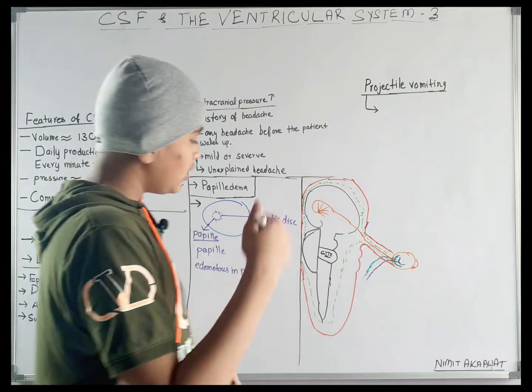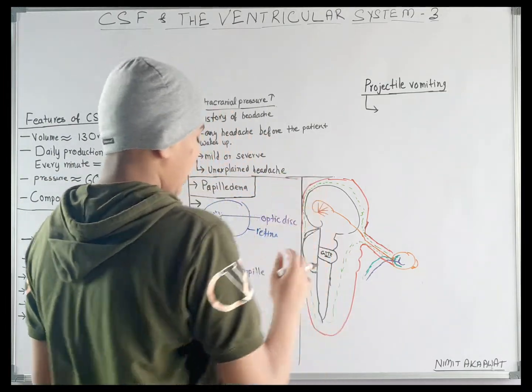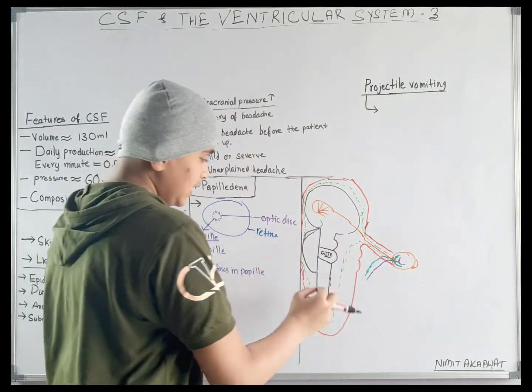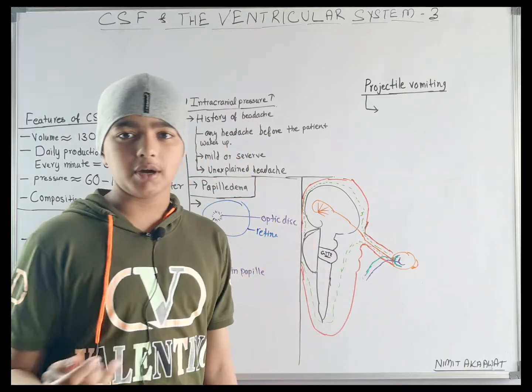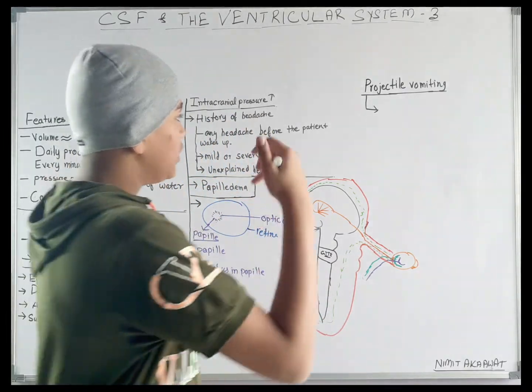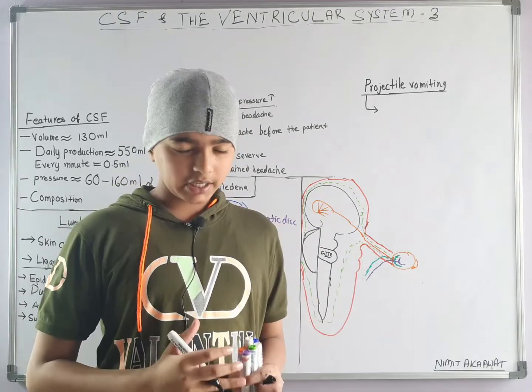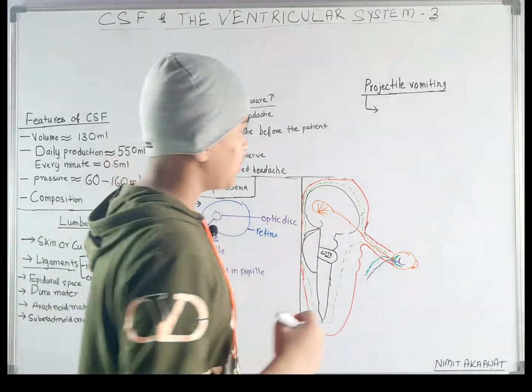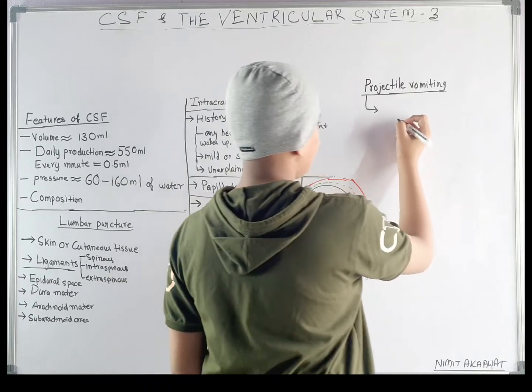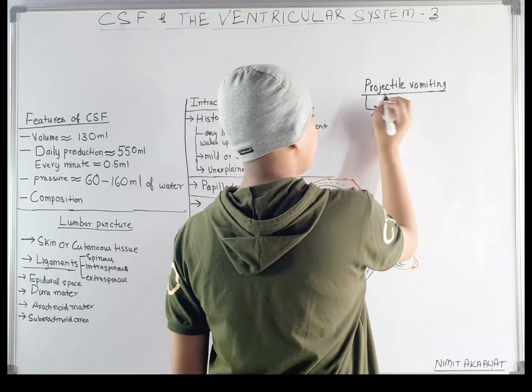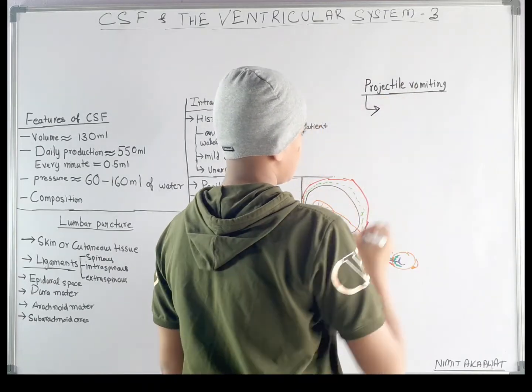Because of high intracranial pressure, these regulating centers are disturbed, and that is why the branch of vagus nerve which nerve supplies our digestive system is disturbed, and because of that projectile vomiting occurs.